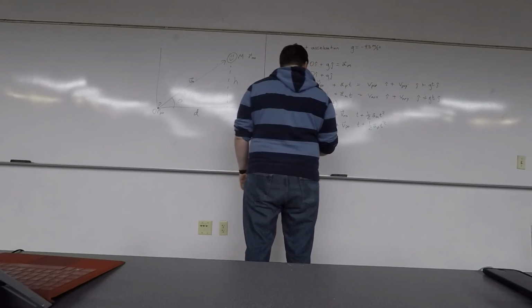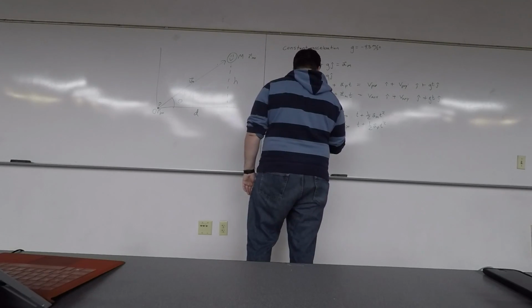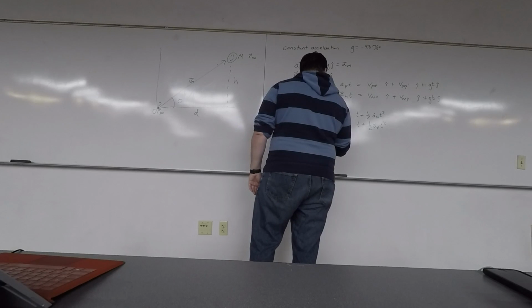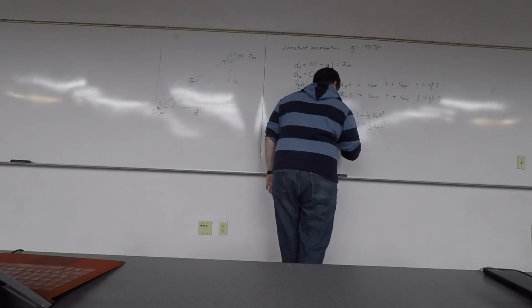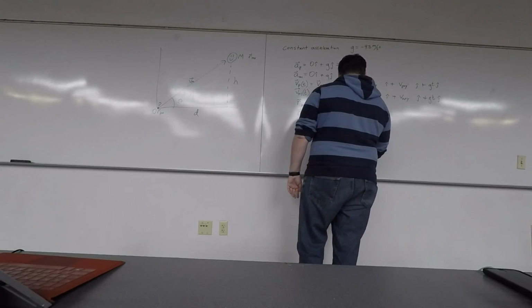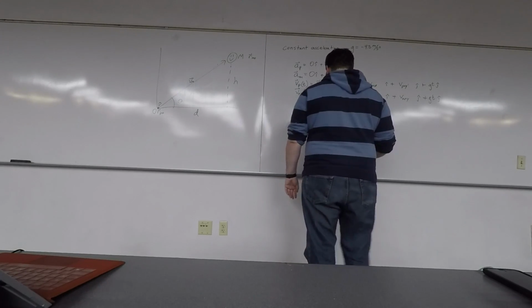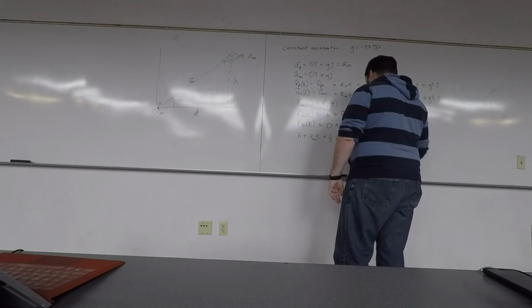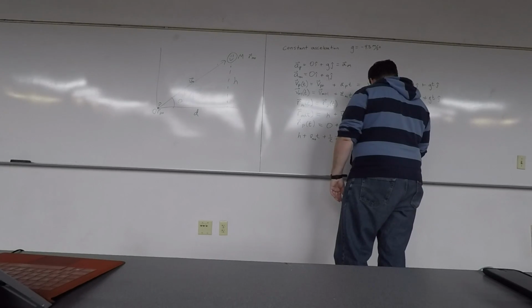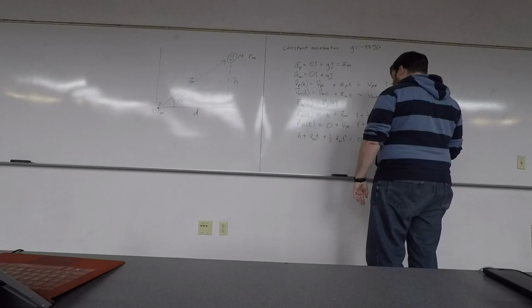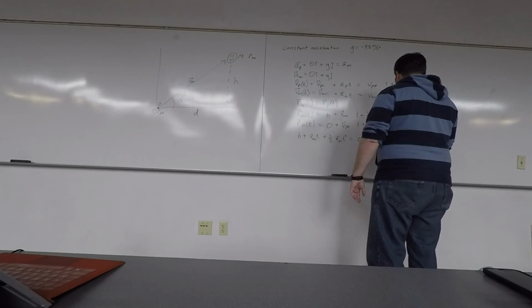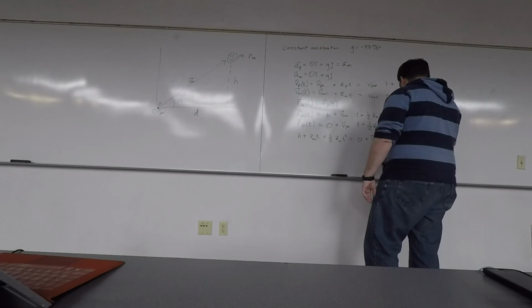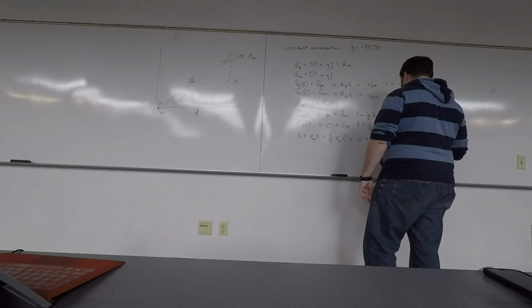Okay, so let's set these equal to each other, r monkey to r projectile. You get h plus v monkey initial t plus one half a monkey t squared equals 0. I'm just going to leave the 0 in there. Velocity of the projectile initial t plus one half acceleration of the particle t squared.